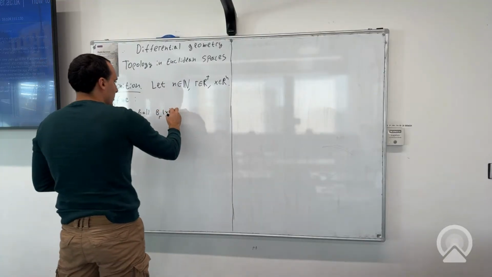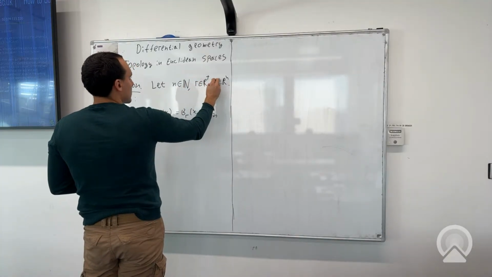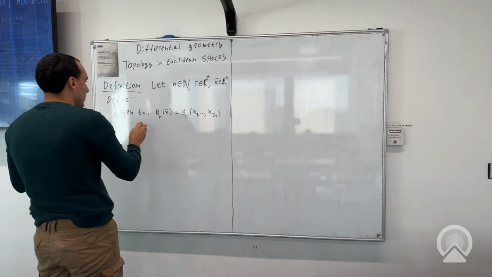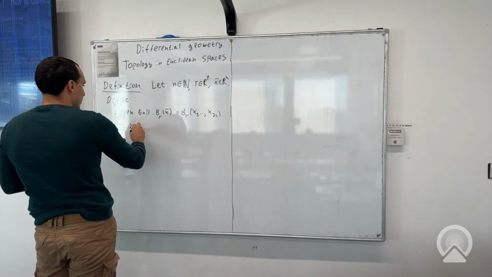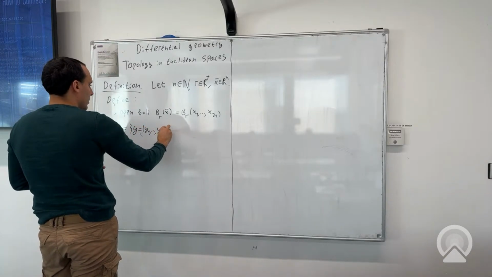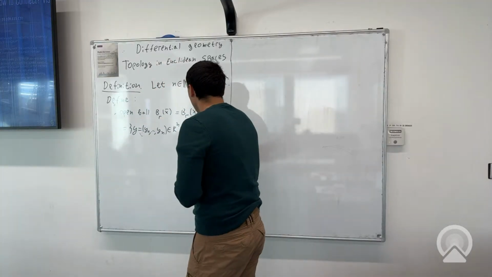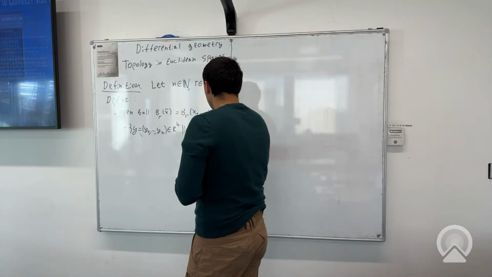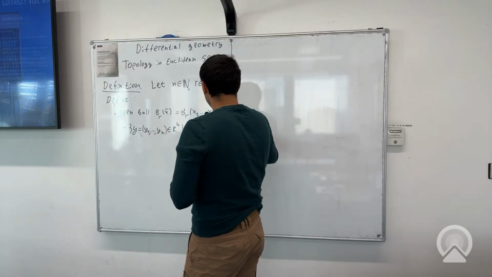So this is B_r of a tuple x1 to xn, let's say x, is by definition the set of all y = (y1, ..., yn) in Rn such that (x1 - y1)^2 + ... + (xn - yn)^2 is less than r^2.